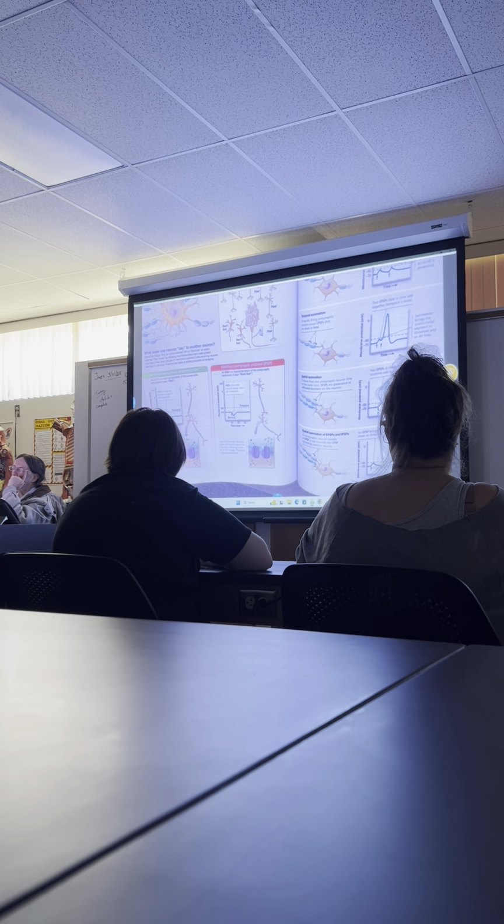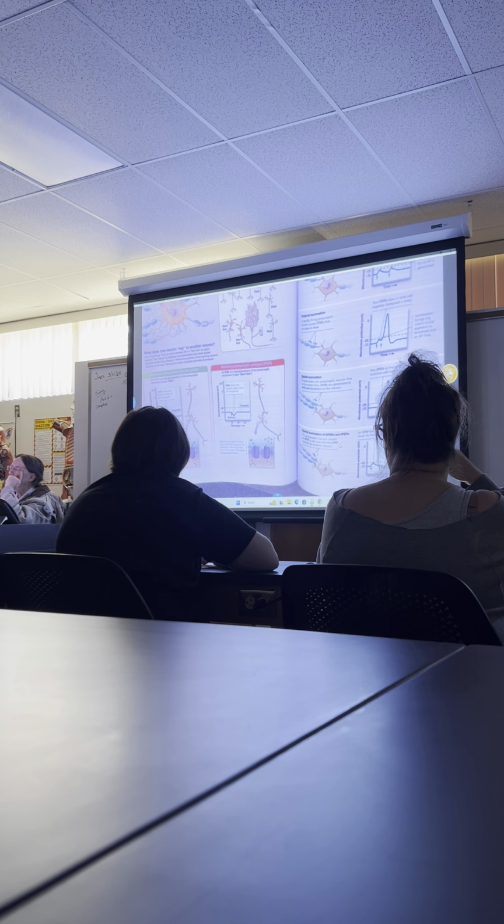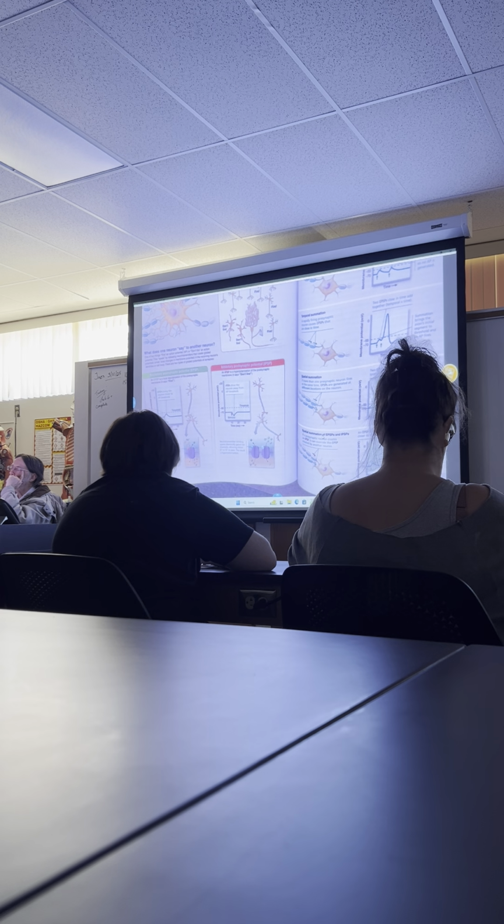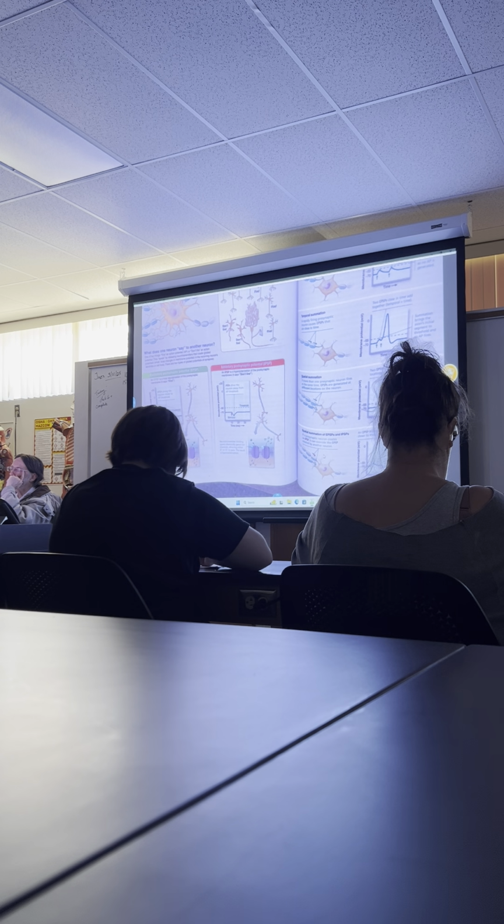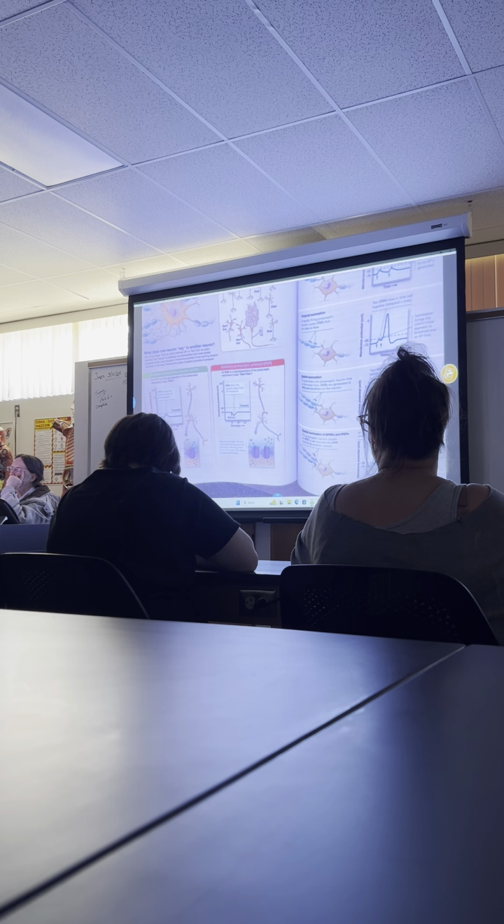Here, we have one green one, and when you do this, you're going to make what's called an EPSP, a graded response. It's called excitatory postsynaptic potential. But is it possible to have an inhibitory one?